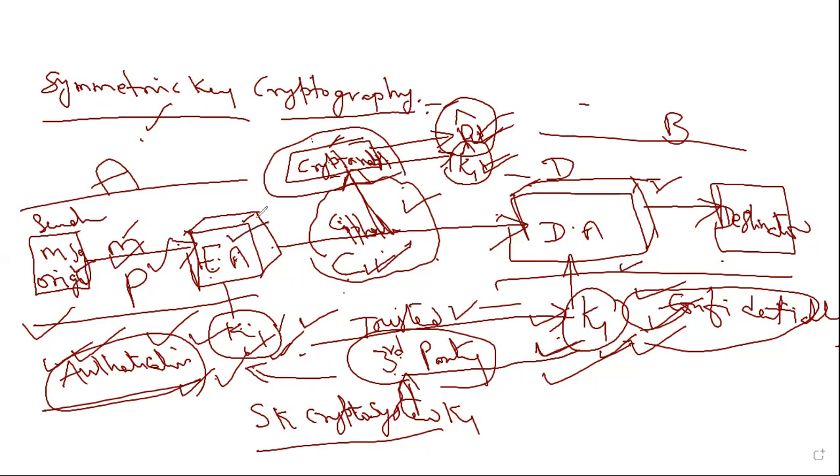The encryption algorithm converts plain text into ciphertext with the help of the key. Another terminology is the decryption algorithm, which receives ciphertext and, with the help of the key, converts ciphertext into plain text. The next terminology is the secret key. This secret key is used by both sender and receiver, the same key, right? If the sender uses key K1, the receiver must also use key K1.